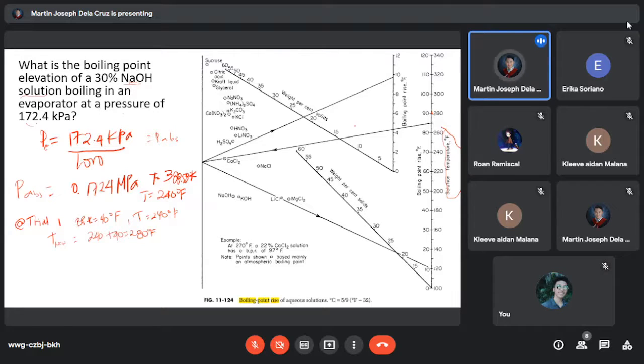So dapat makonect nyo siya class. So connect natin siya ganyan. Okay? So for example, dito siya nag-intersect class. Yung intersection nilang tatlo dito, no? Basta yung line natin nag-intersect siya dito, sa NaOH at saka sa 280.